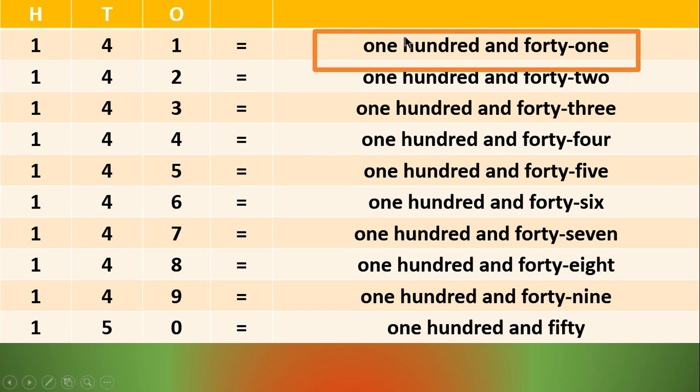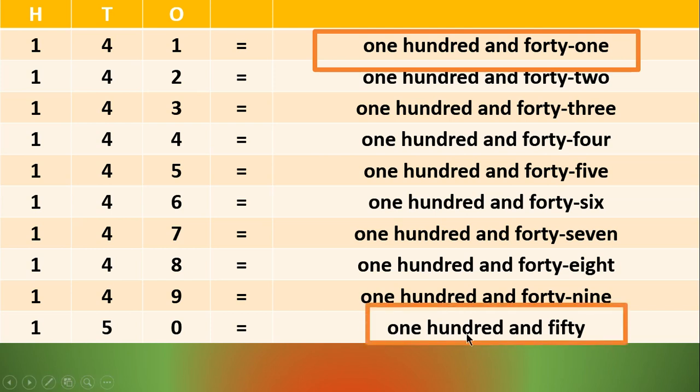In the similar way, you are going to write all the spellings: 142, 143, 144, 145, 146, 147, 148, 149. What comes after 149? It is 150. So let's learn the spellings.